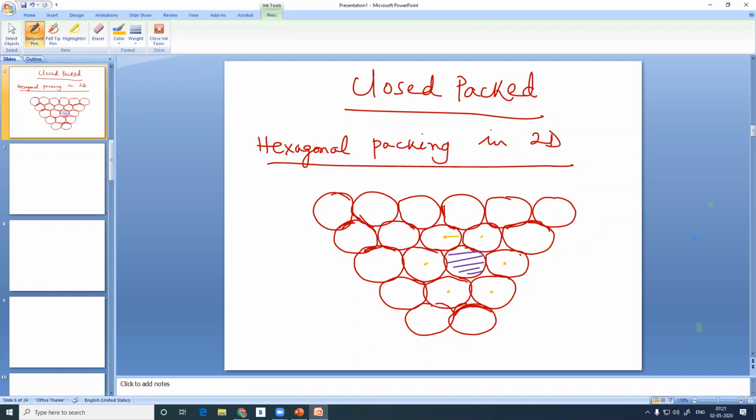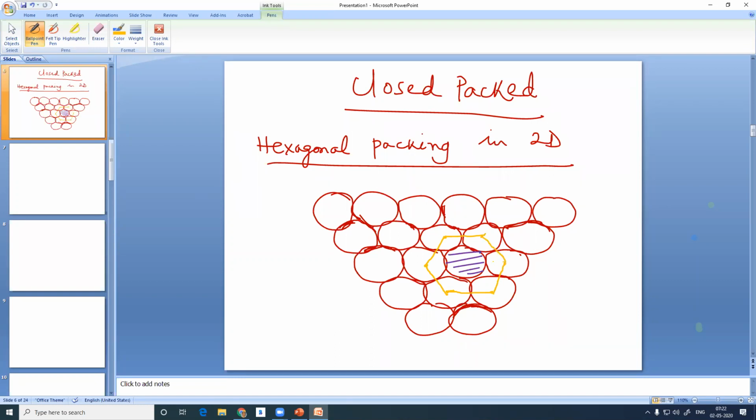If you join the centers of the spheres which are in direct contact with a particular sphere in our study, you will find that this is a hexagon.